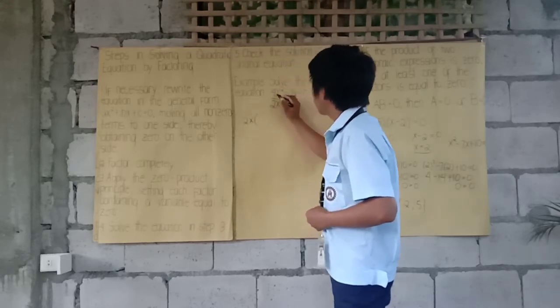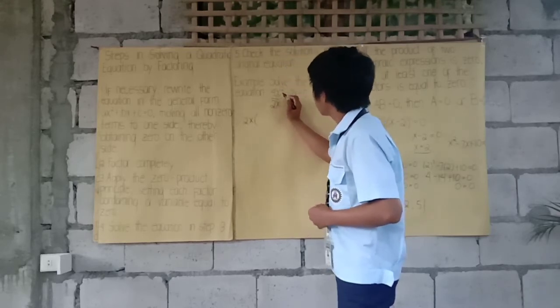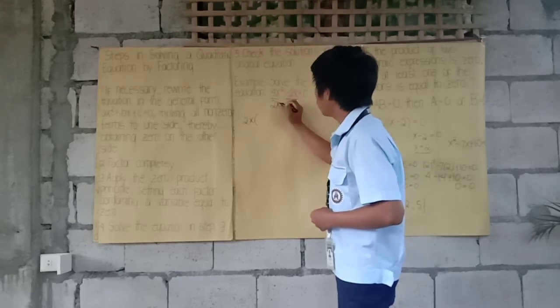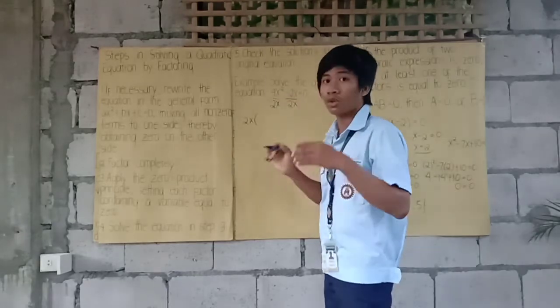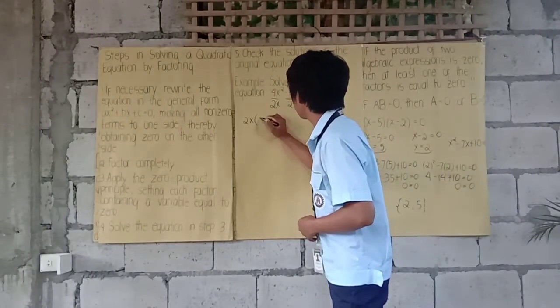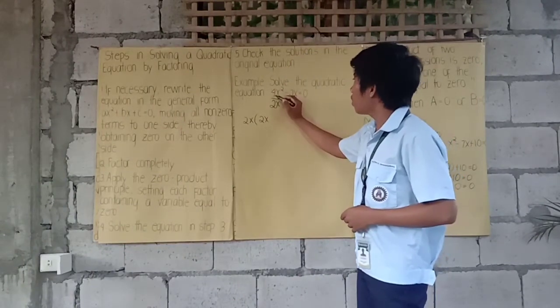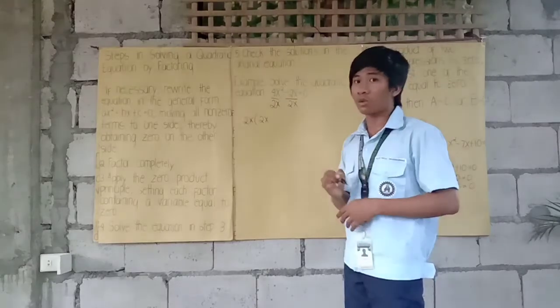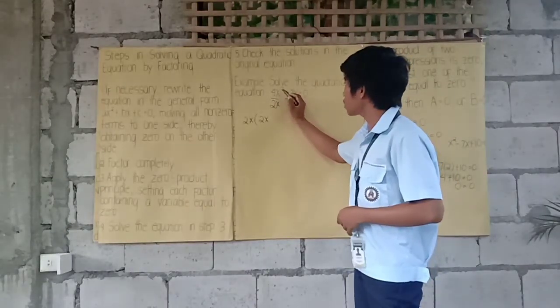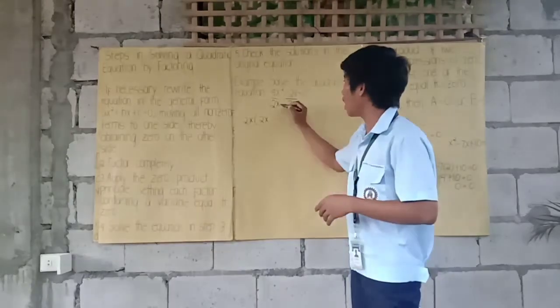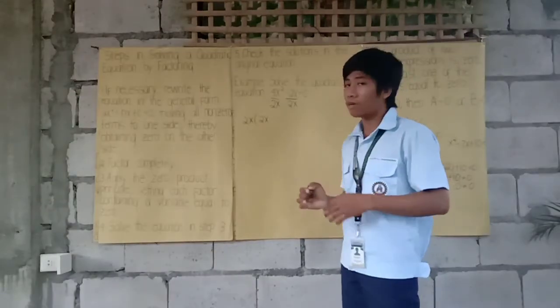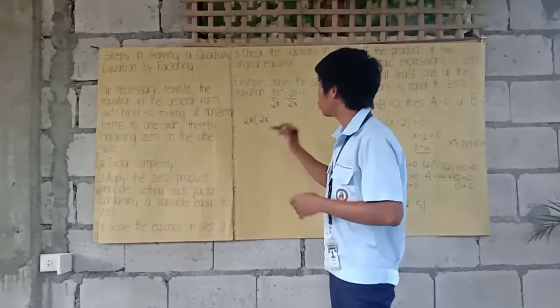So, 4x squared over 2x is equal to 2x na lang. Paano nangyari yon? So, 4 divided by 2 is equal to 2. X squared divided by x na x na yon. So, magiging 2x.